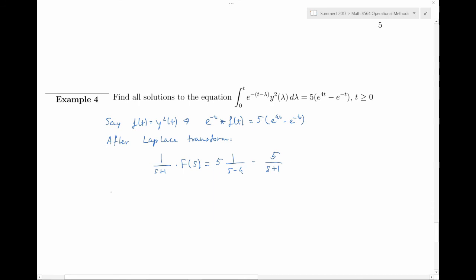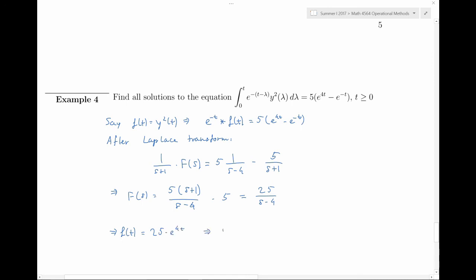So F of s becomes 5 times s plus 1 over s minus 4 minus 5. This simplifies into 25 over s minus 4. And as a result, f of t is just 25 times e to the 4t.